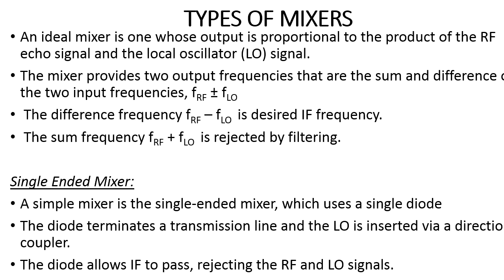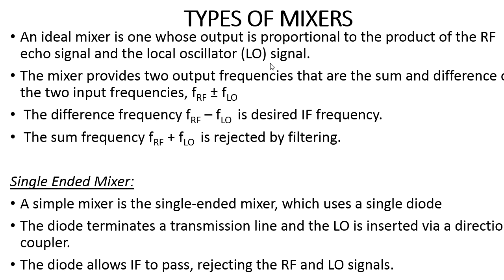Now we will see the types of the mixer, that is the next stage of the receiver part of the radar. So what is the job of the mixer? It will combine the RF signal along with the local oscillator signal in order to produce the output called intermediate frequency. Here the output is proportional to the product of the RF echo signal and the local oscillator signal.